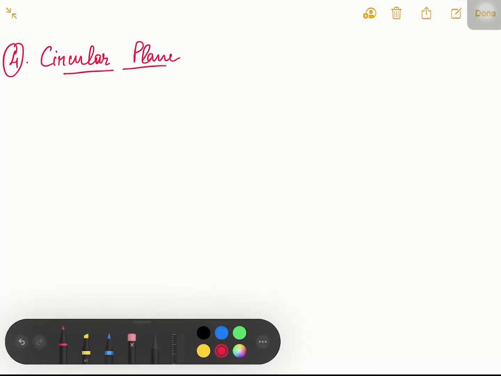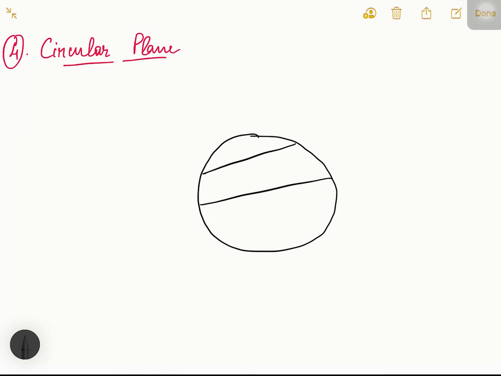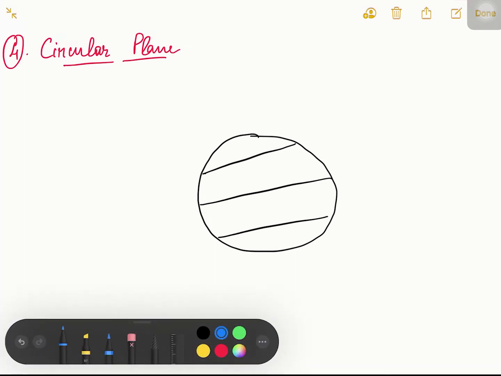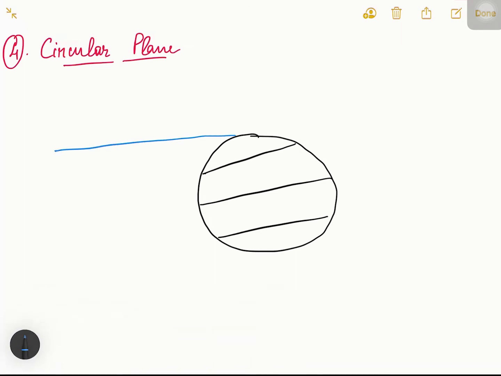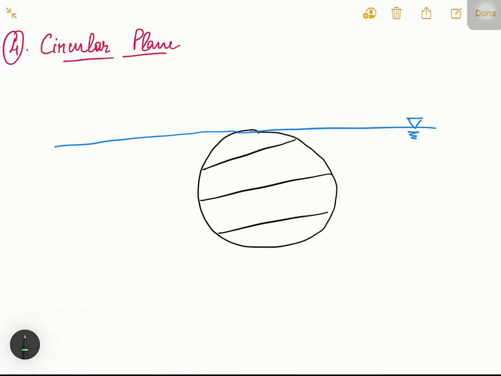Okay, so in the case of circular plane, this is somehow it will look like this, and then this is your free surface. Somewhere here will be your center of gravity.